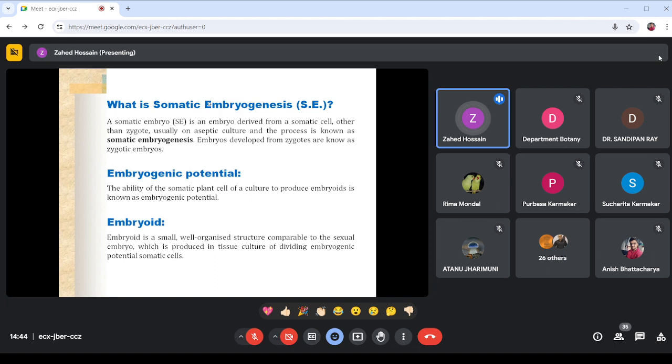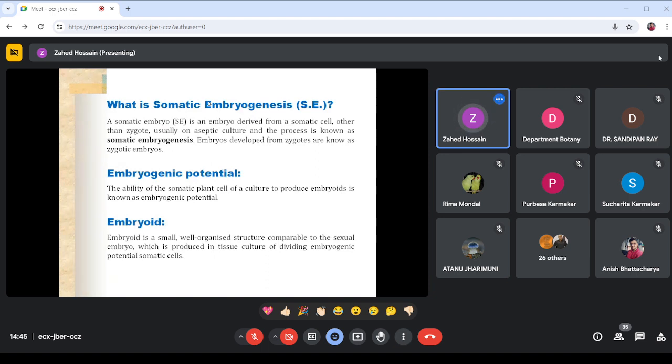Then the zygote will turn into an embryo. So that is called a zygotic embryo. But here, the embryo develops only from the somatic cell. So that embryo is known as a somatic embryo. That means an embryo-like structure, very similar to the zygotic embryo, derived from the somatic cell. So that potentiality or process of regeneration of somatic embryo is known as somatic embryogenesis.